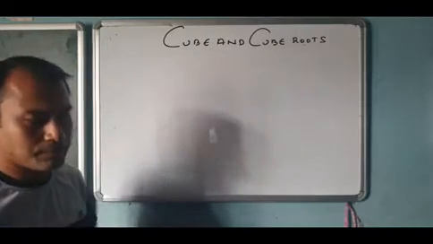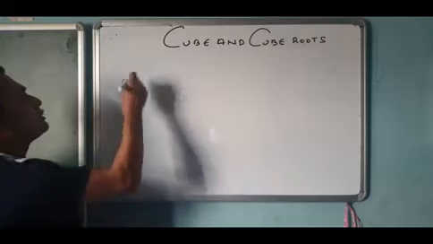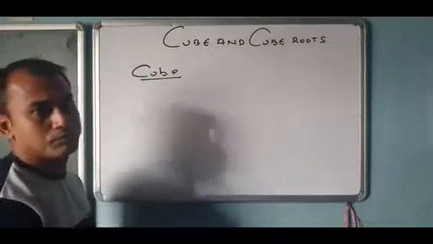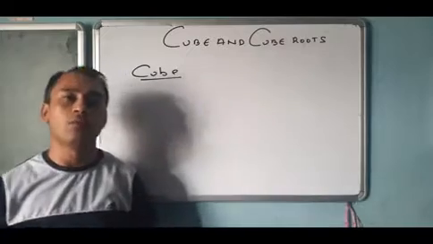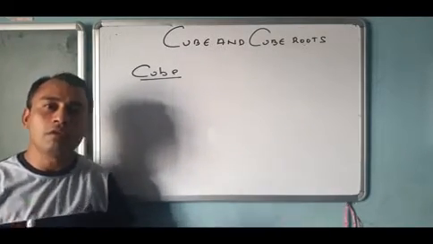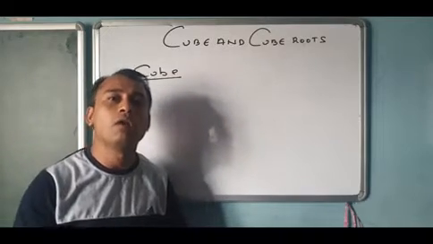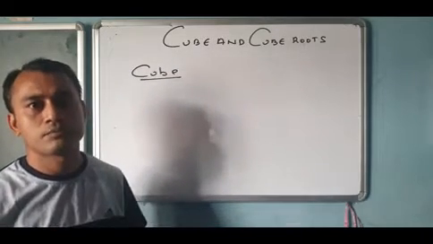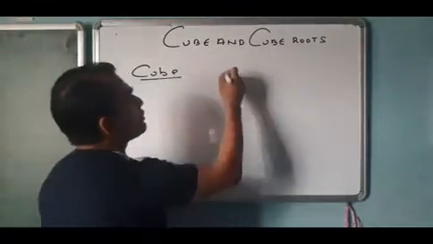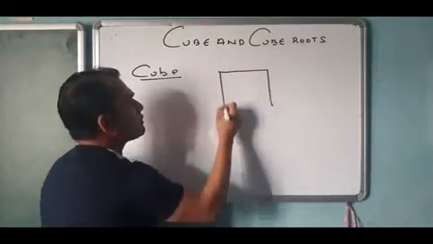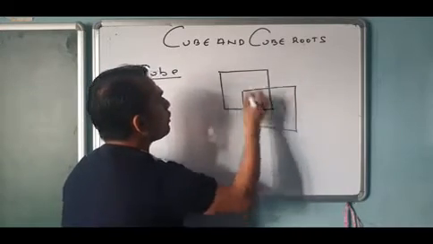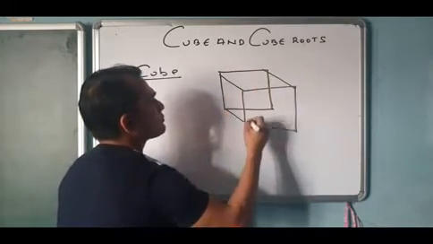So basically when we consider the word cube, where do we usually hear this word? We usually hear this word while learning the geometrical shapes, right? In geometry, a cube is a three-dimensional figure with all equal sides.